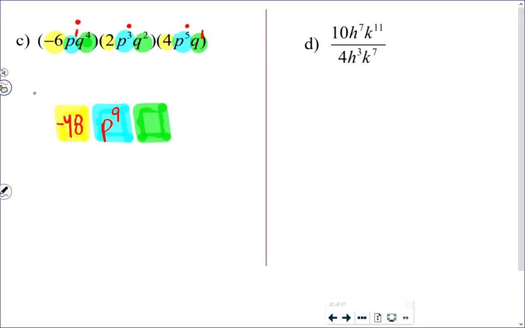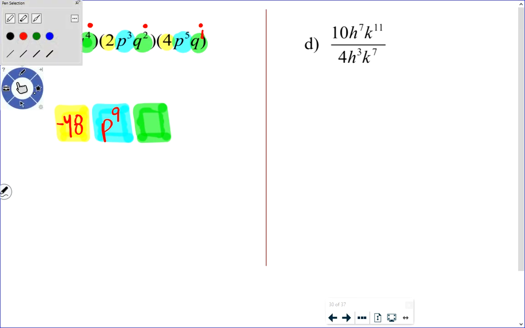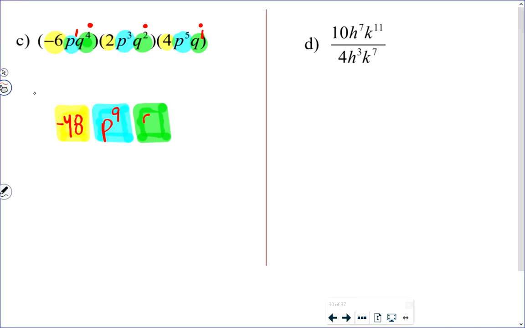And then we add the exponents together for the powers of base q. Q to the 4 times q to the 2 is q to the 6, times another q is q raised to the exponent of 7. And before I go on, I'm just going to double check everything.